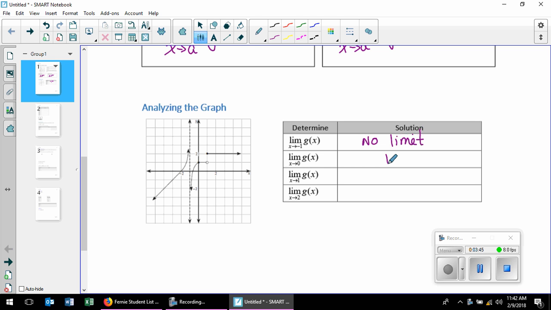And if we say g of x, the function going to positive 1, no limit, because there's 2, right? You got 2 points there. You have 1 if we're approaching from the left-hand side, and if we're approaching from the right-hand side, it's approaching 2. And then g of x going to 2.